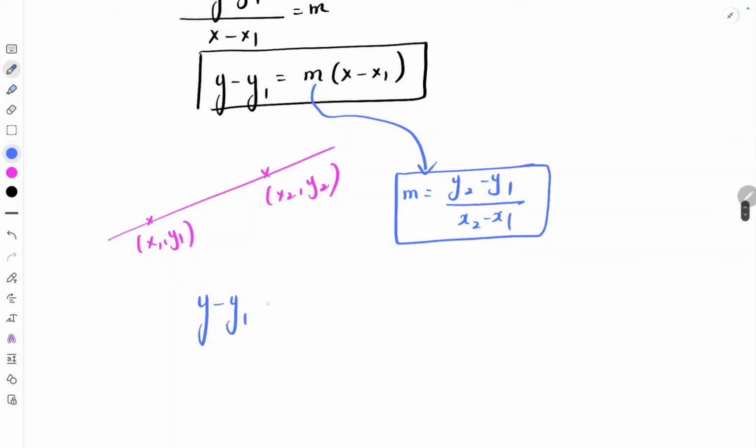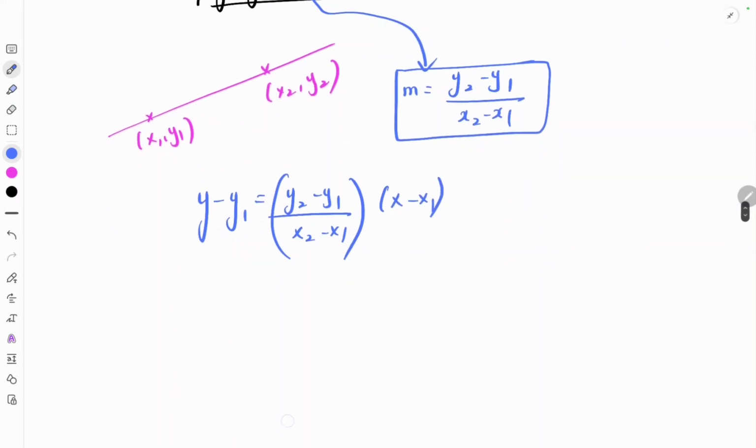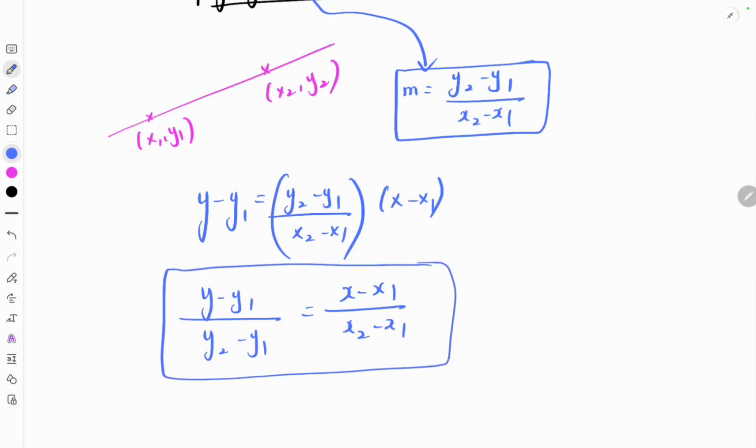So y minus y1 equal to y2 minus y1 by x2 minus x1 times x minus x1. So if you want, you can simplify this. So it will be y minus y1 by y2 minus y1 equal to x minus x1 by x2 minus x1. So this will be the equation of line if 2 points are given.